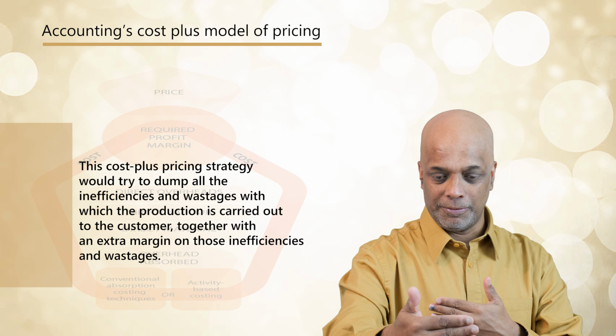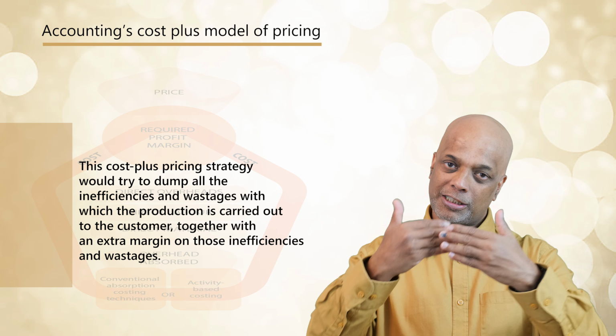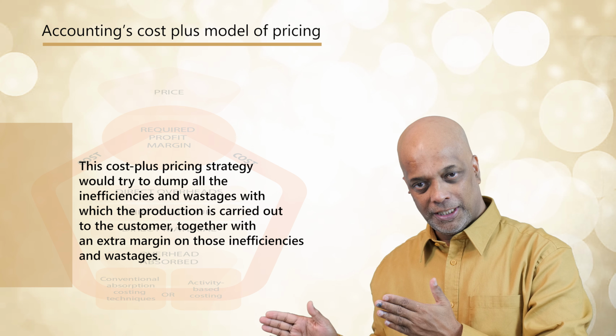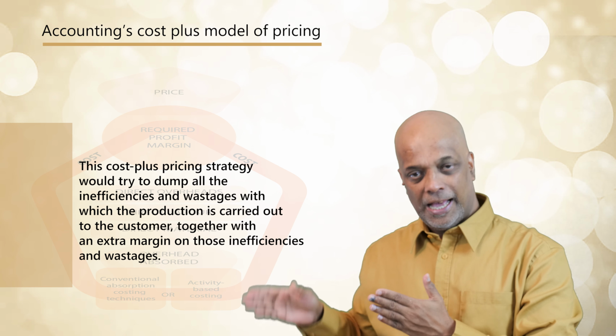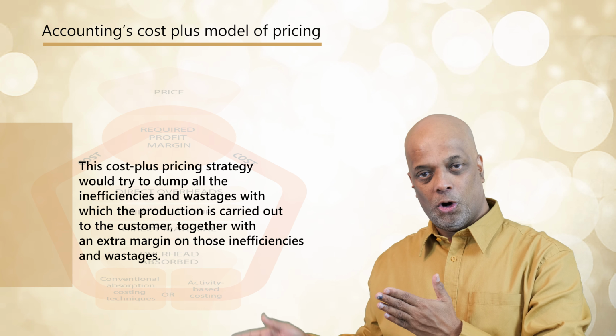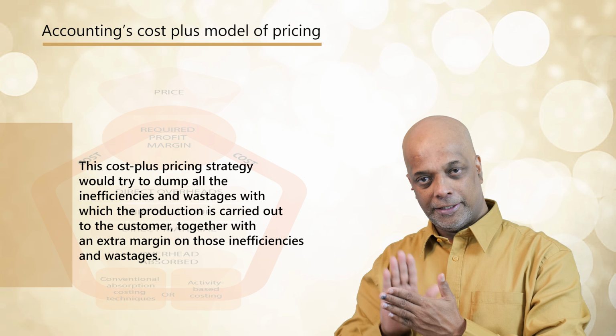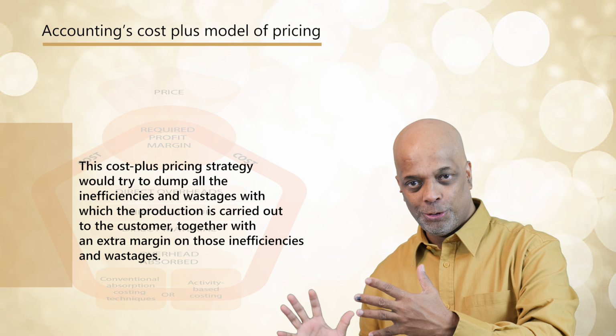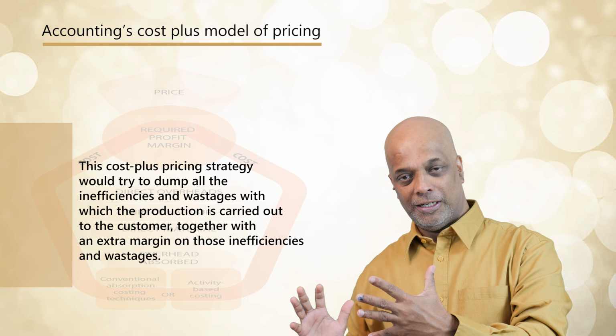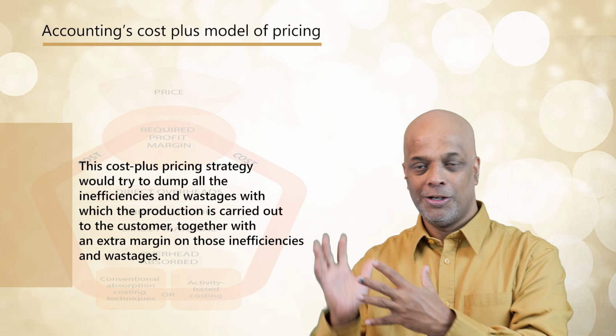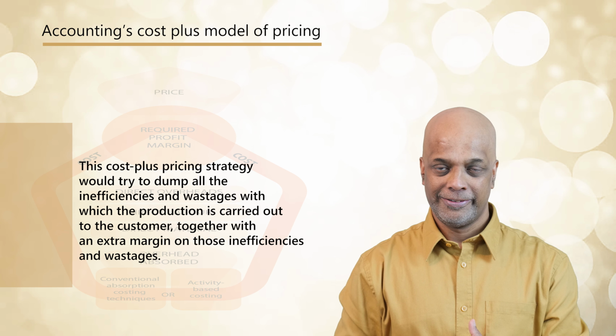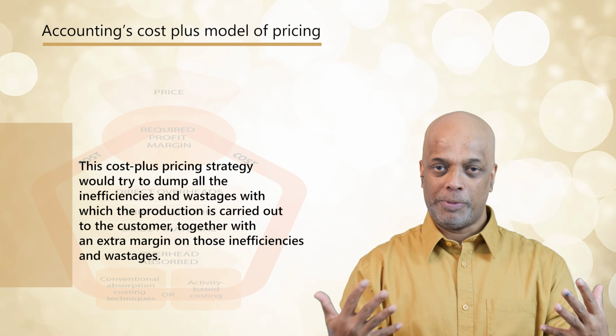You demand your customer to pay that price. So your customer has to pay all your inefficiencies, all your wastages, as well as a profit margin on that. So you dump all your inefficiencies, all your wastages, together with an added profit margin on them, onto the customer. So you are pushing all your wastages, all your inefficiencies, all your cost onto the customer. And the poor customer has to pay it.